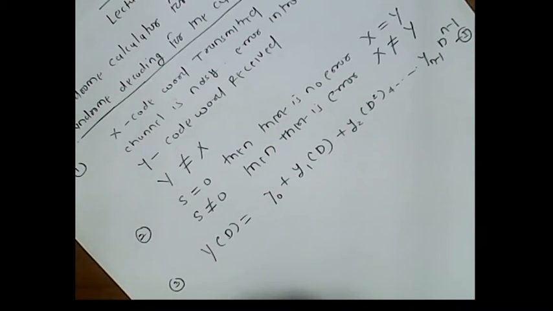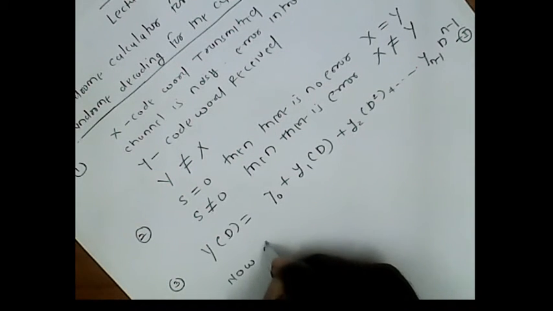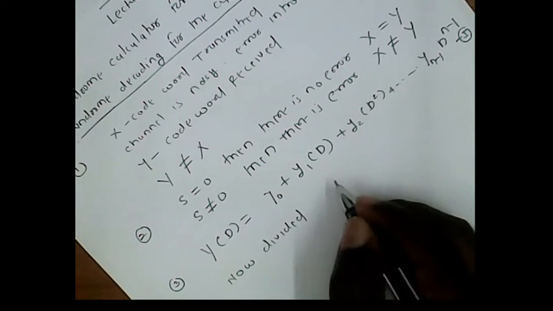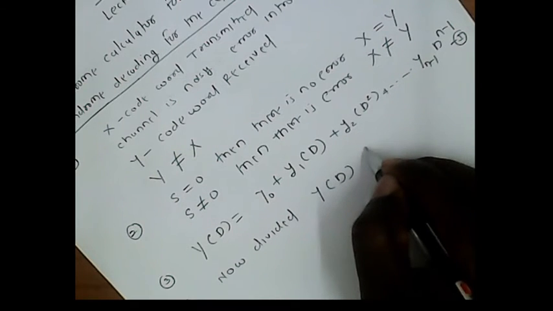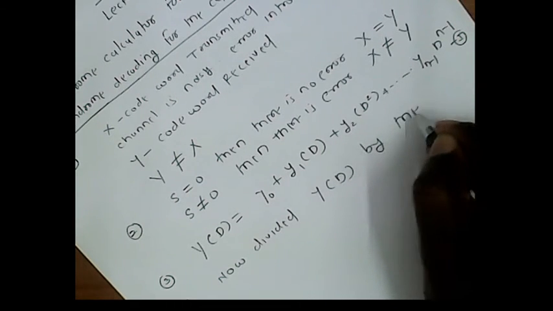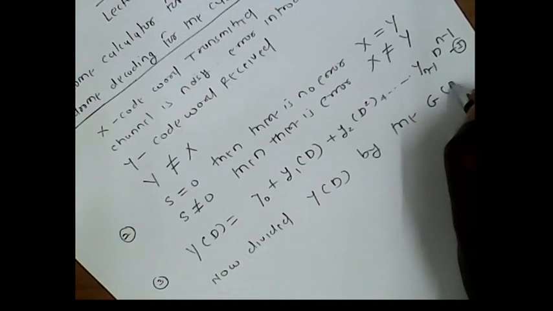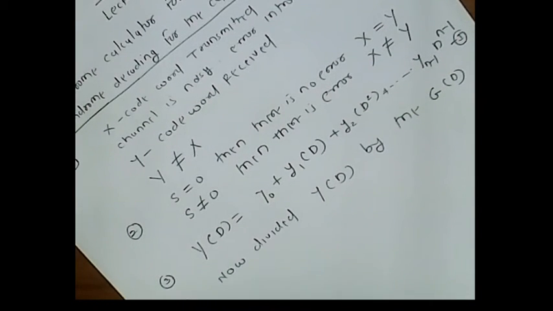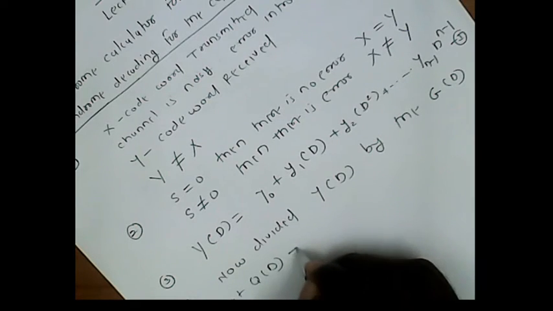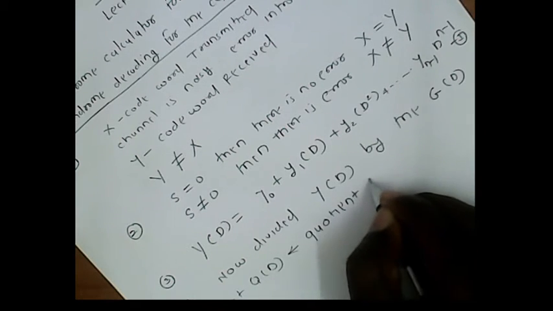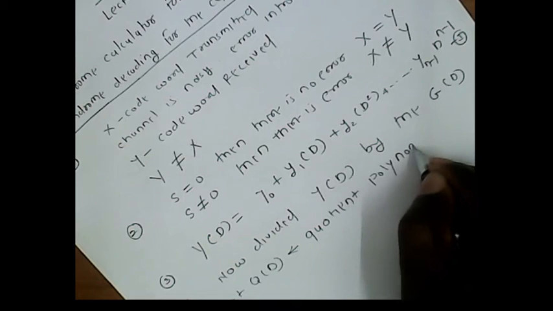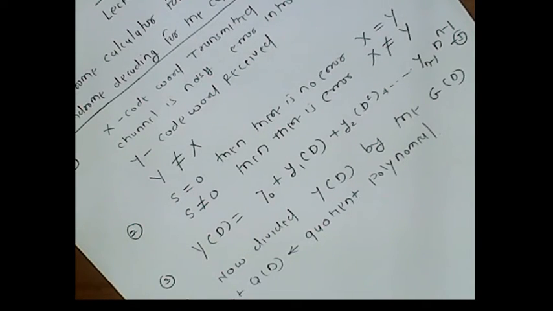Now the next step: divide the received polynomial y of D by the generator polynomial, which is given as g of D. Let q of D represent the quotient polynomial, and r of D is the remainder polynomial.